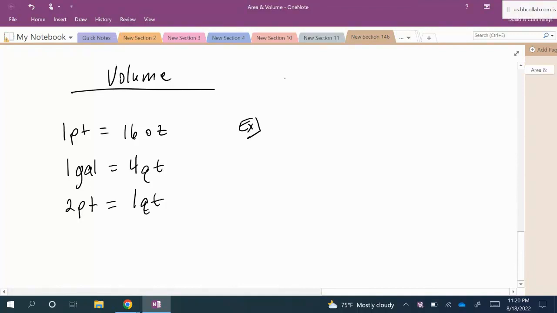So in this example, we're asked to convert 56 pints to gallons. Okay, so just notice in our conversion chart, we don't actually have a conversion from pints to gallons, but we can go from pints to quarts and quarts to gallons. So we're going to write out a couple of unit fractions.